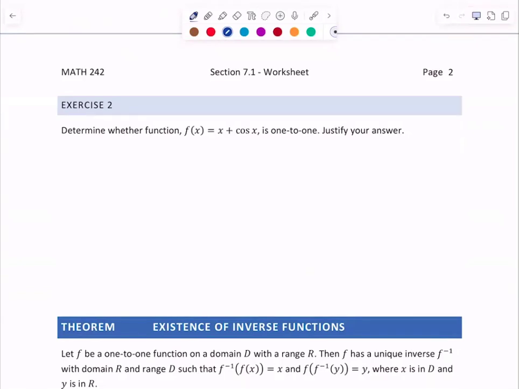But we do know the function is continuous, right? So let's do the derivative. What's f prime of x? 1 plus or minus, what's the derivative of negative cosine?